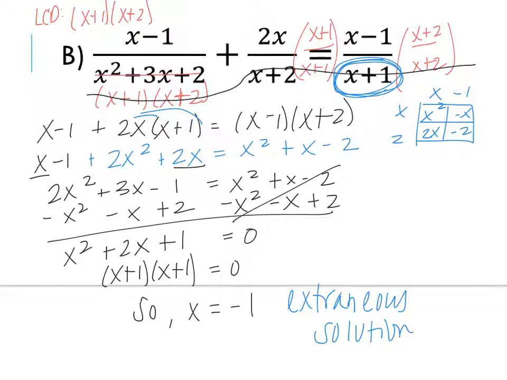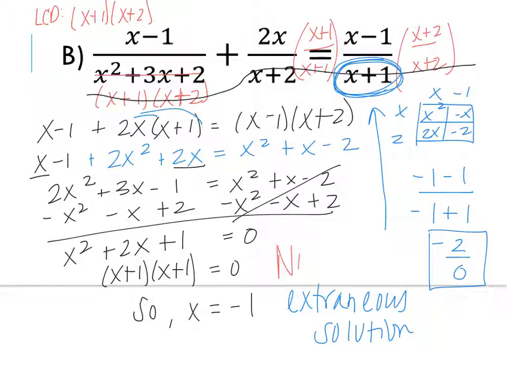Well, there's no way that x equals negative 1 can be a solution, because if I plug it in right there, I would get negative 1 minus 1 as the numerator over negative 1 plus 1, which really is negative 2 over 0, but that's undefined. So because negative 1 cannot fit as a solution into even one of the factors of the denominator, in this case we have an extraneous solution, so there is no solution here.